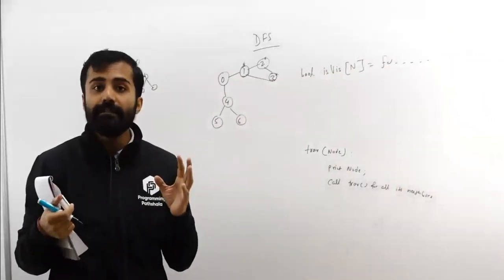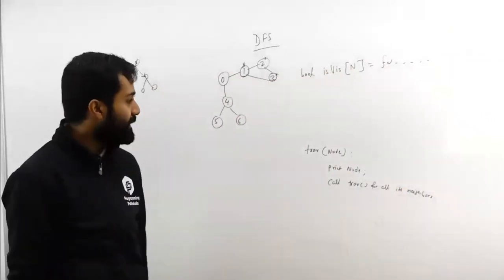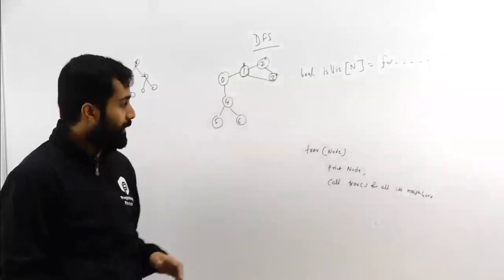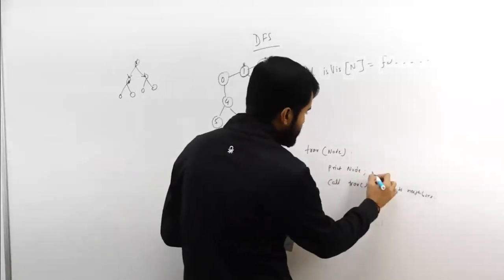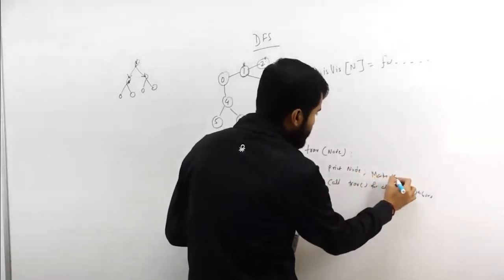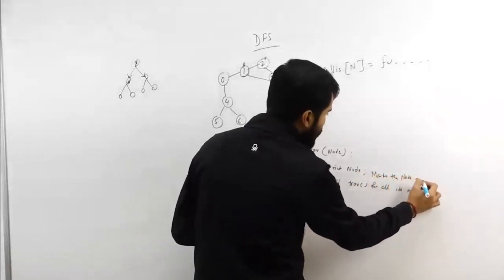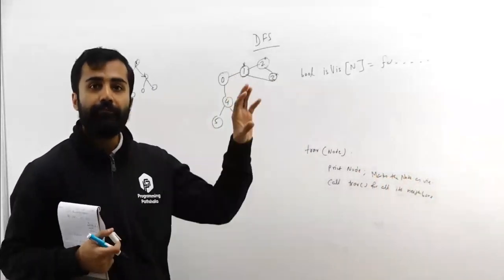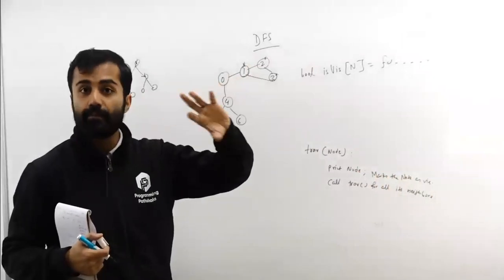And now the algorithm that I have is quite simple. It prints the node, and after printing the node, it marks the node as visited. So this is another important thing that I'm doing. If I'm printing a node, I'm saying that, hey, this node has been visited.